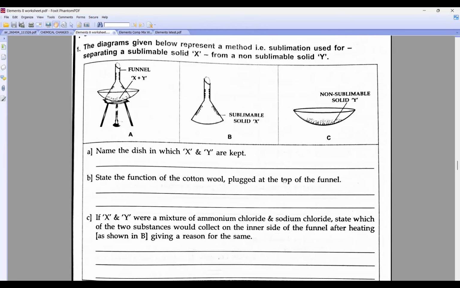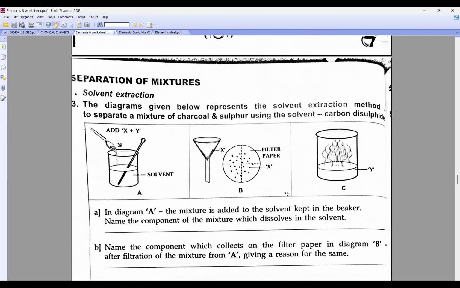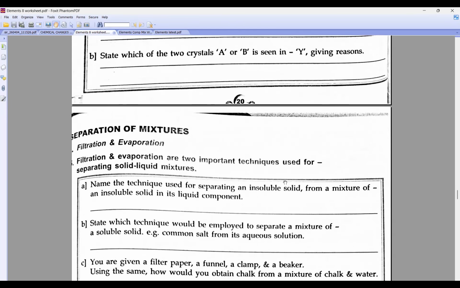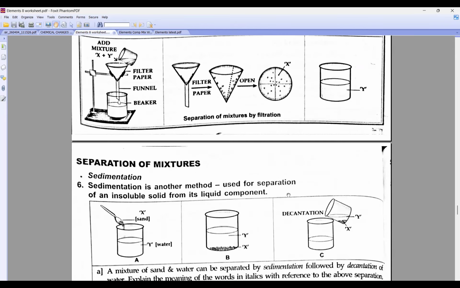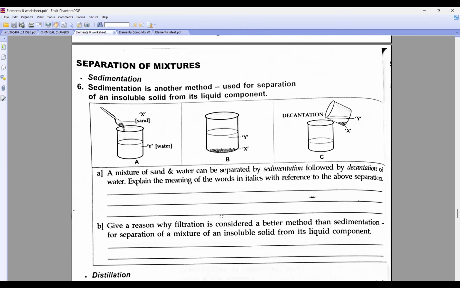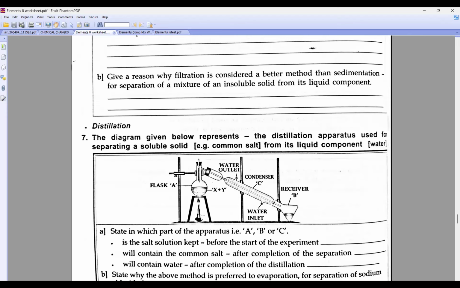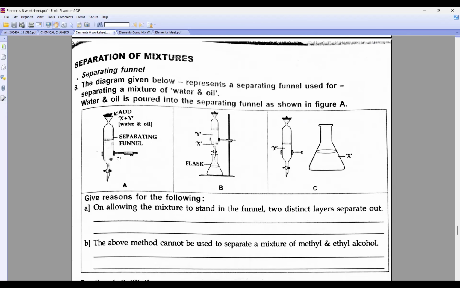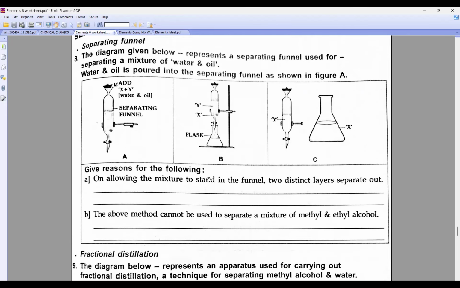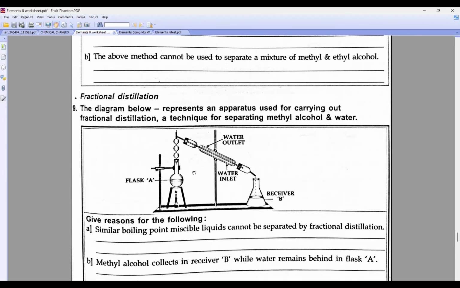We did or not? Tell me, beta. Yes, sir. Very good. This entire worksheet, distillation, then separating funnel. This also you have to do. Start doing right now. Fractional distillation, today we did.